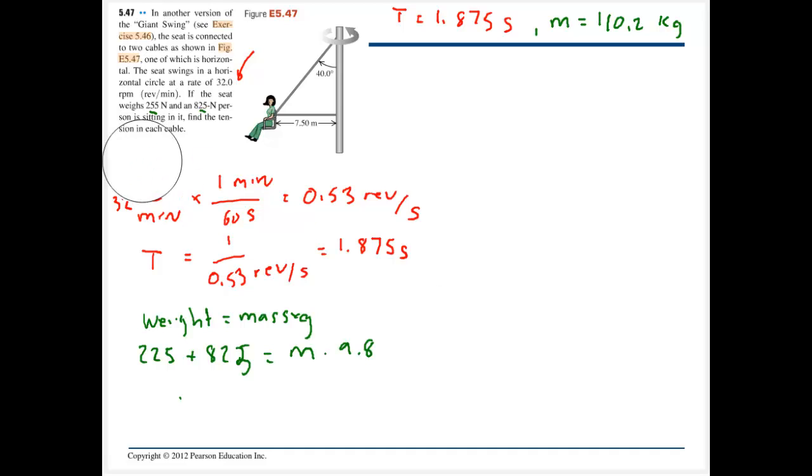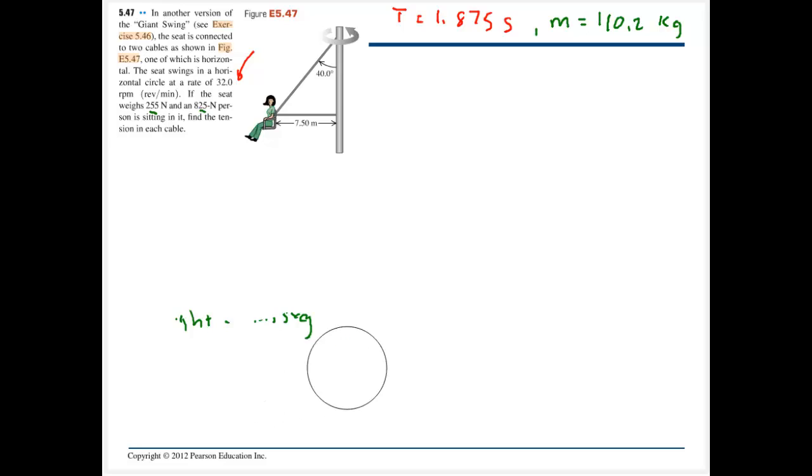I'm going to go ahead and erase that and take a look at my person that's being spun around on a little giant swing, a game of fun. Got my radius, 7.5 meters, and let me just go ahead and draw my free body diagram for her.